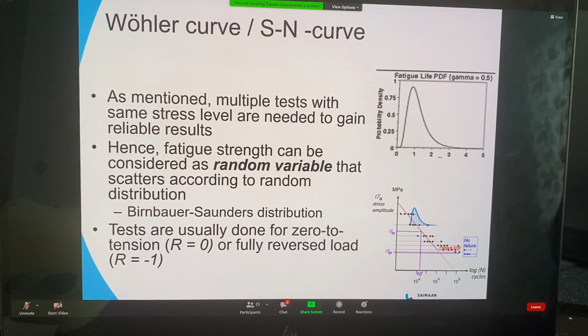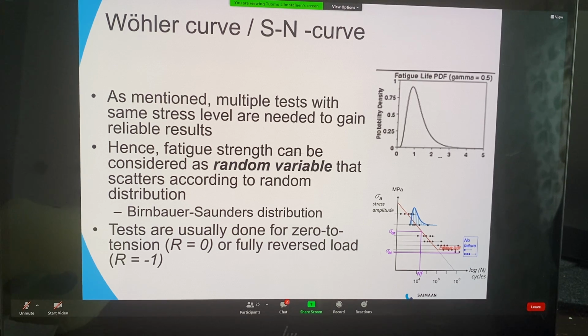Okay. So, as mentioned, these multiple tests with the same stress levels are needed to gain reliable results. And the reason for this is that the fatigue strength is a random variable. Of course, the static strength is also a random variable, but not even nearly to the same extent as the fatigue strength.